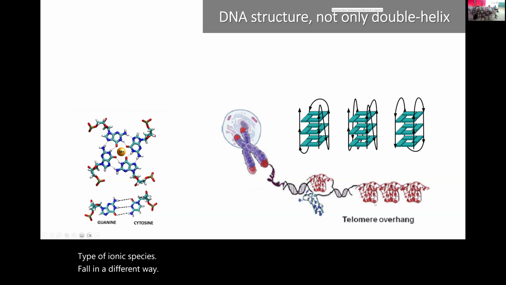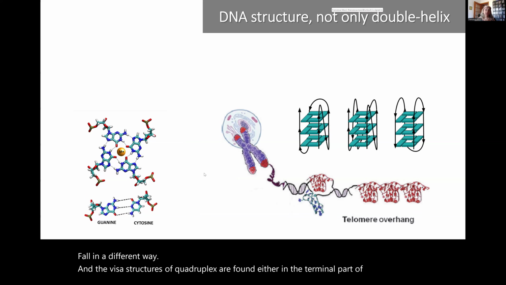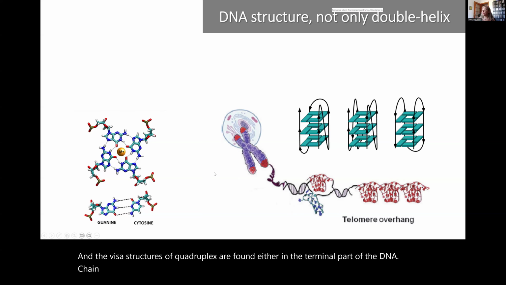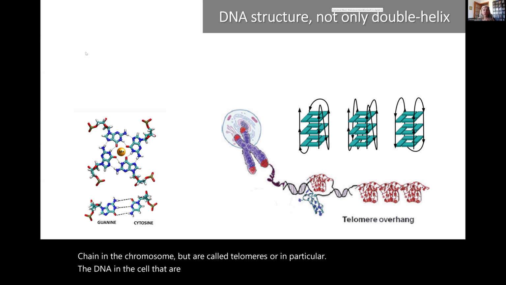And these quadruplex structures are found either in the terminal part of the DNA chain in the chromosome that are called telomeres, or in particular regions of the DNA in the cell that are biologically relevant, like promoters or replication regions.